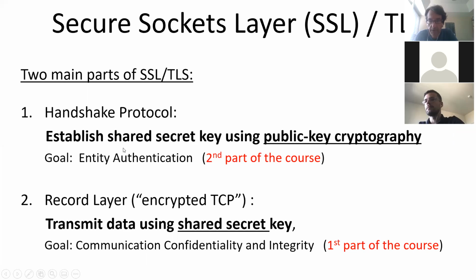So now, once the key is established, what happens then? Well, you transmit data using this shared secret key that you just established, right? The goal is confidentiality of communication and integrity of communication, right? So prevent eavesdropping and prevent interference. And this is the first part of the class.